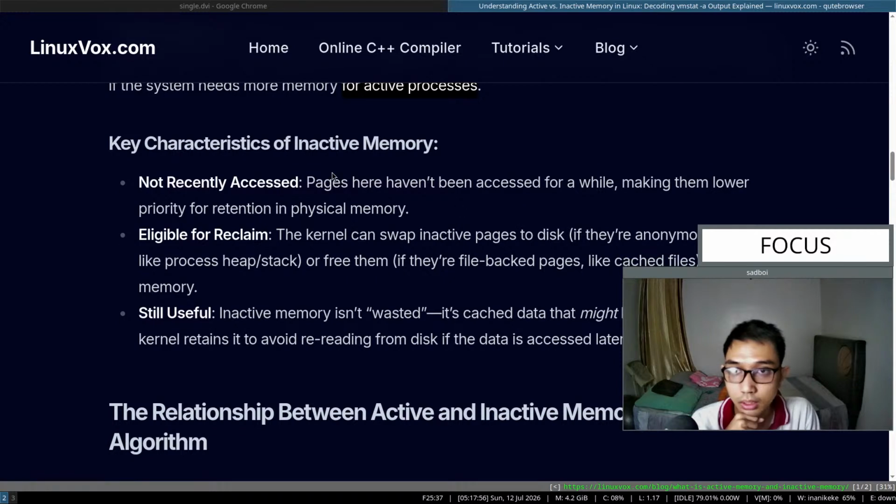Key characteristics of inactive memory: not recently accessed pages. Pages here haven't been accessed for a while, making them lower priority for retention in physical memory.